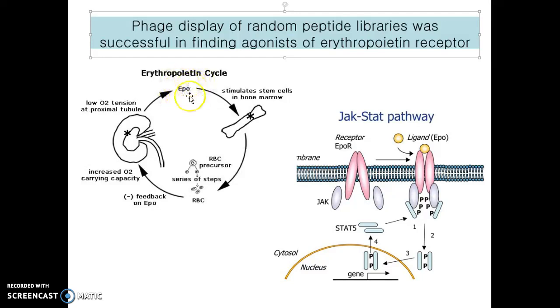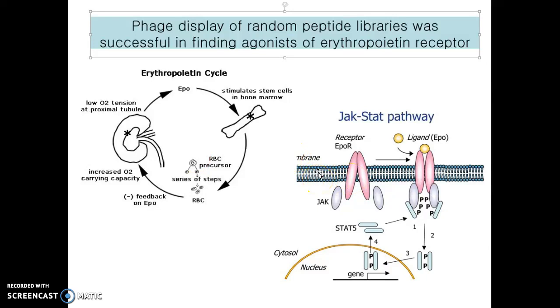Erythropoietin, made under low oxygen tension from the proximal tubule of the kidney, stimulates the stem cells in bone marrow, inducing the production of red blood cells by some complicated steps, compensating the oxygen deficiency.